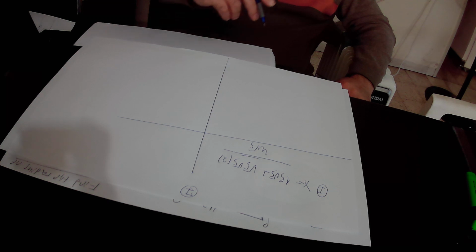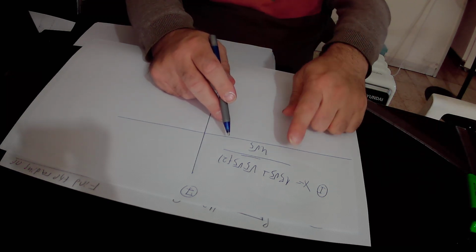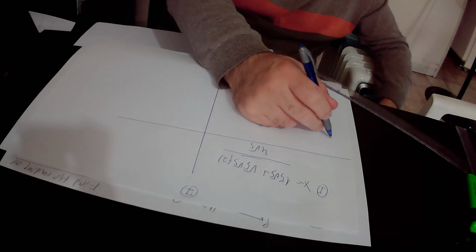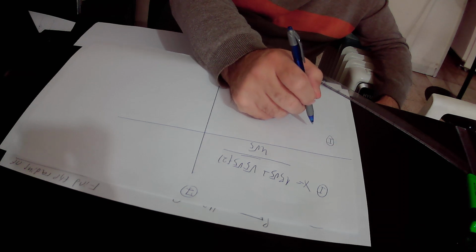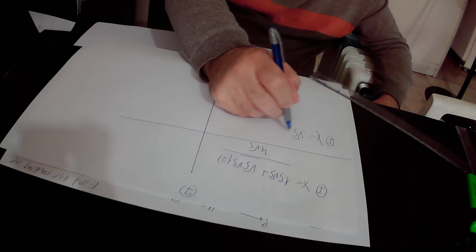In the next step, we take root of 5 as a common factor out of those two expressions in the numerator, and we get that according to equation number 1, x equals the square root of 5 times what is left.